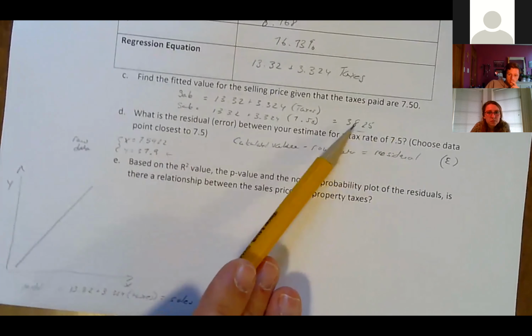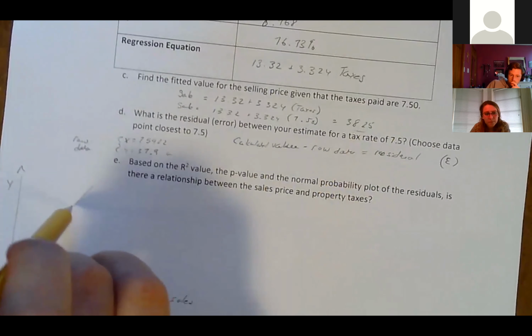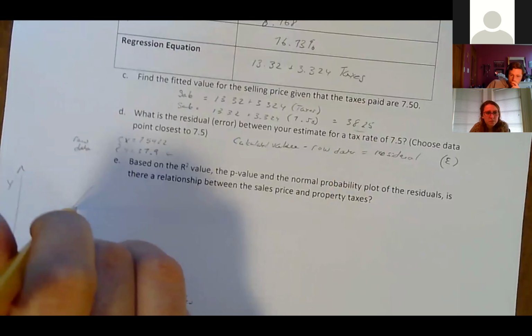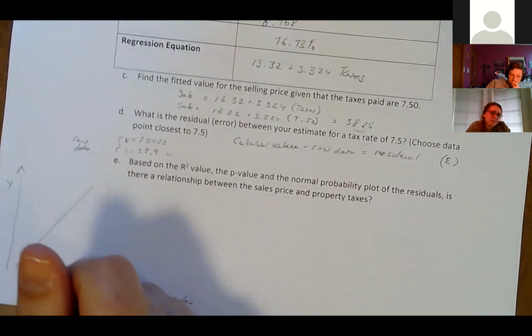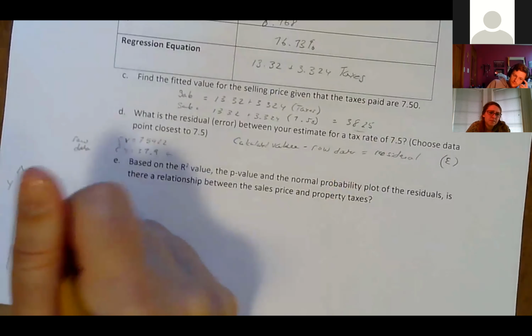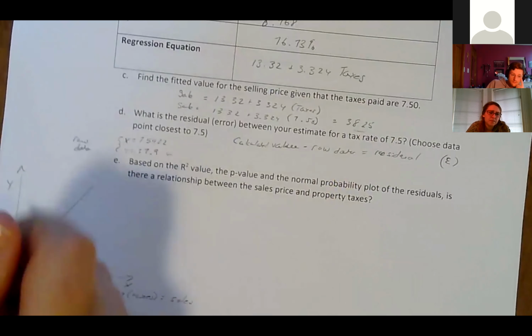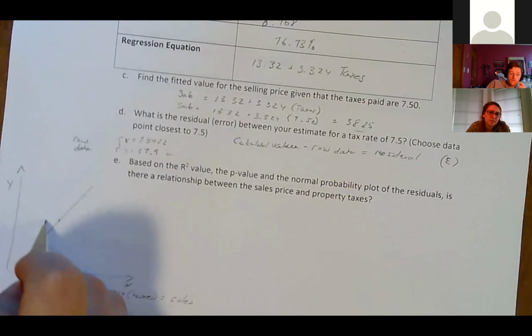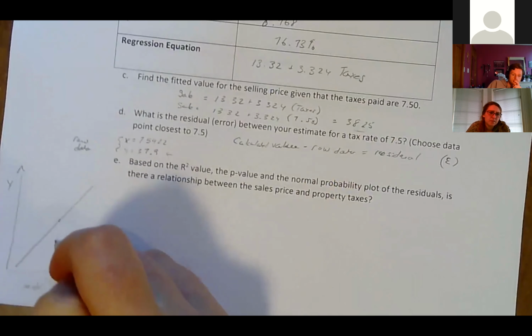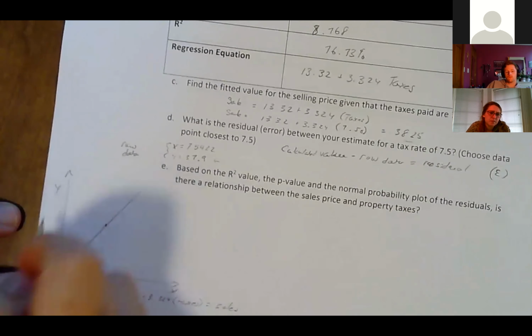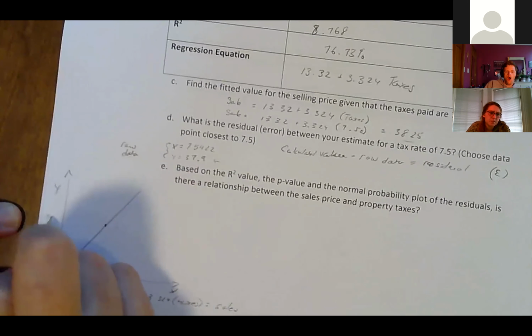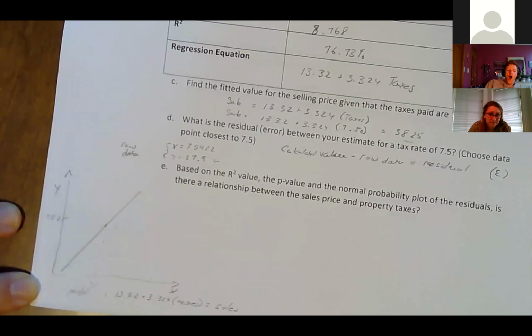So 38.25 would actually be on this line. This is obviously not to scale, but I said my x is 7.5, so that's right here. So for an x of 7.5, my y was 38.25. That's what my calculation was based on the regression equation.